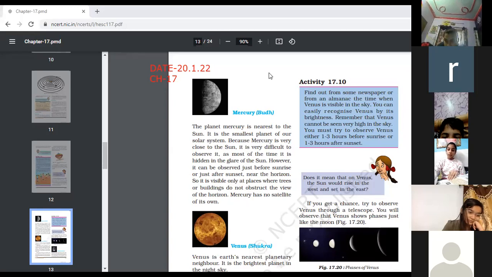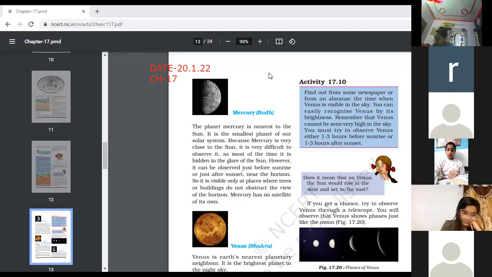So it is visible only at places where trees or buildings do not obstruct the view of the horizon. Mercury has no satellite of its own. So everything is clear about Mercury: nearest to the sun, smallest planet, most of the time hidden in the glare of the sun, and only visible before sunrise and after sunset.